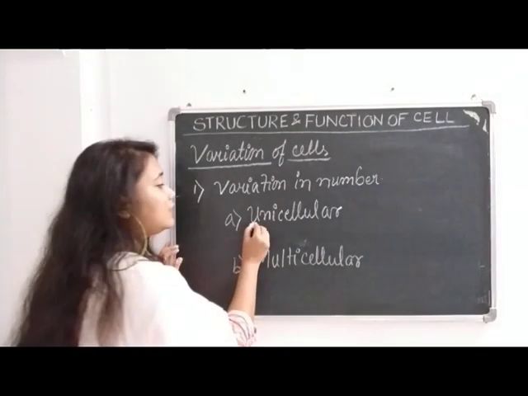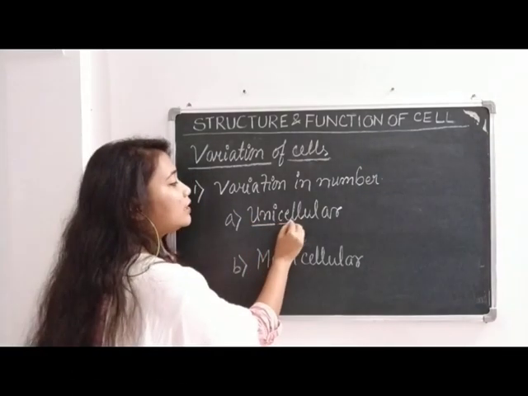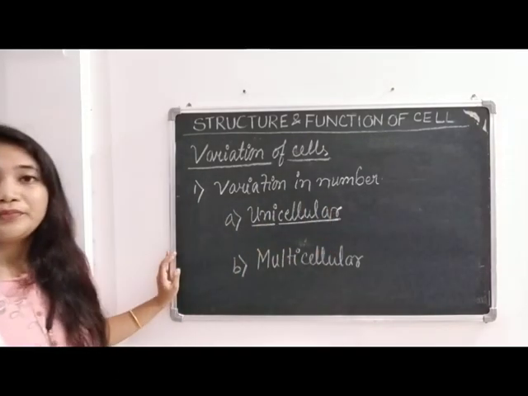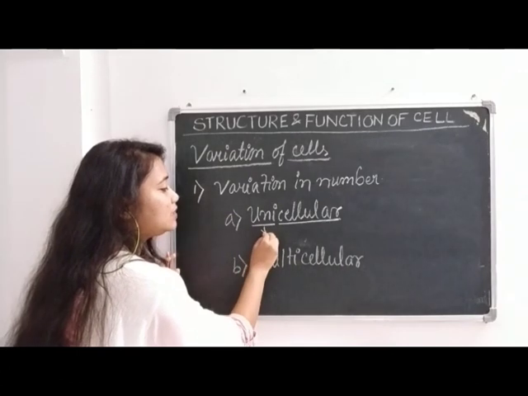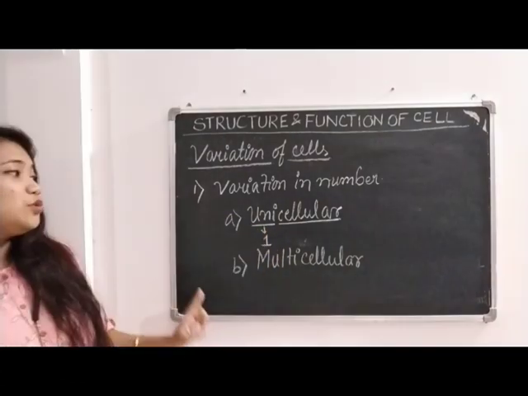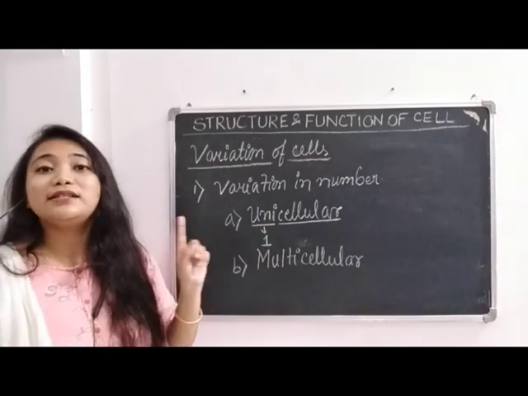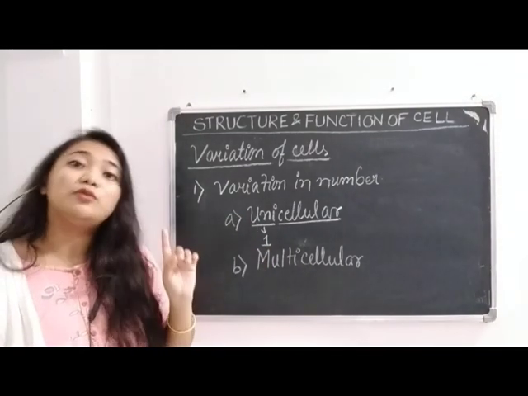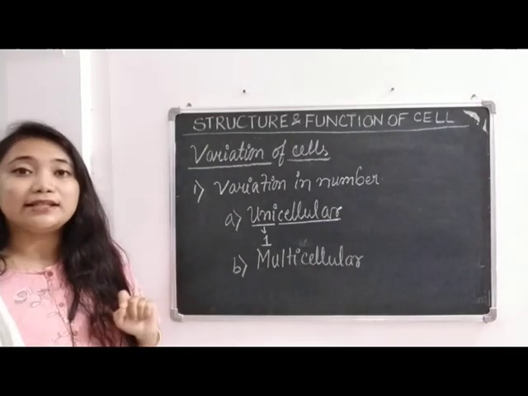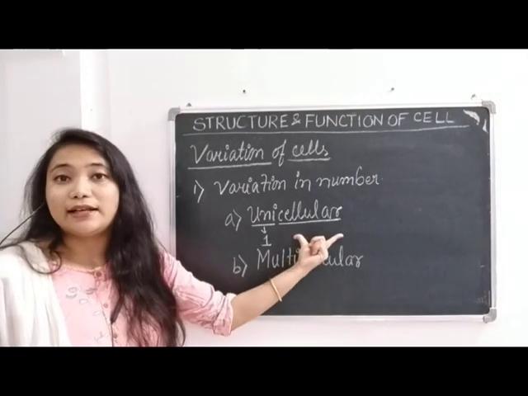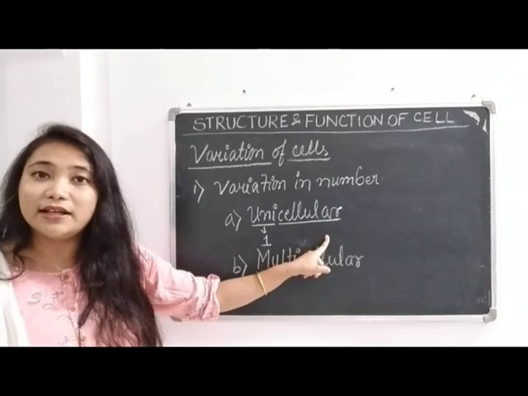Now, look at this term, uni. This term is uni and the second term is cellular. Uni means one. So, there are some organisms which are made up of only one single cell, and those organisms will belong to this category, that is unicellular. So how many cells are there?